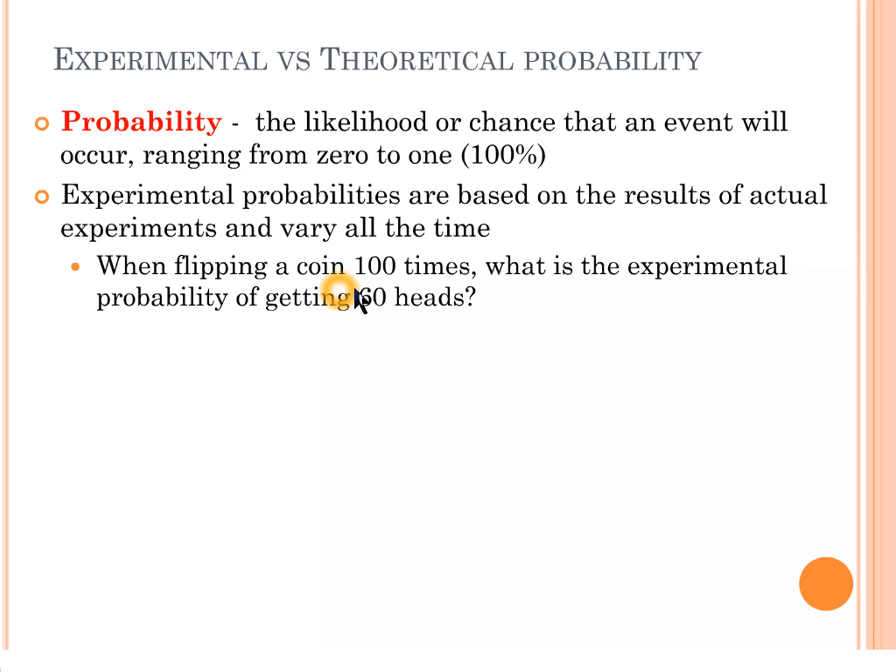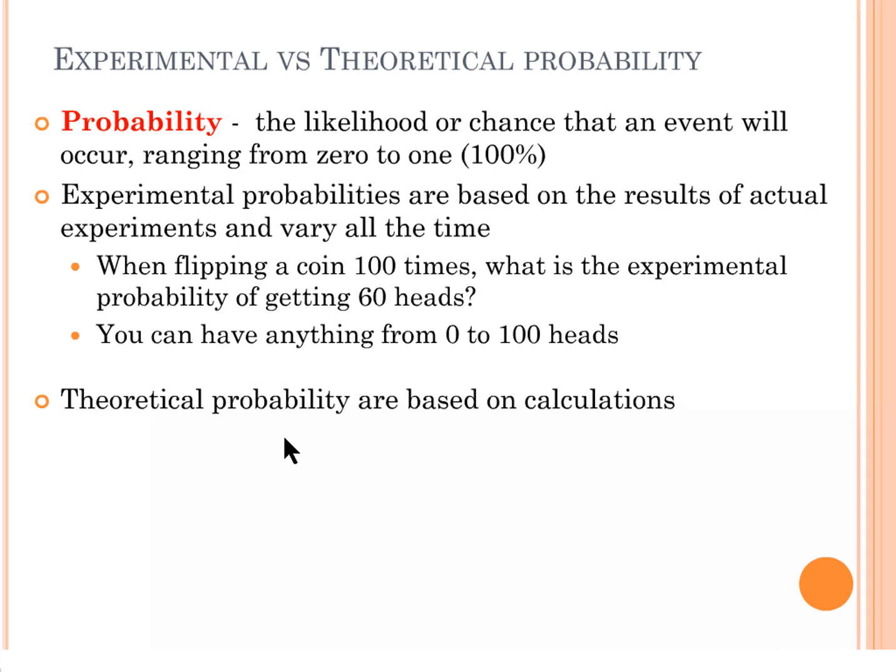So when flipping a coin 100 times, what is the experimental probability of getting 60 heads? So you can have anything from 0 to 100 heads. It's highly unlikely that you'll get 0 heads, and it's also highly unlikely that you'll get 100 heads, but the point is you need to actually do the experiment and find the results.